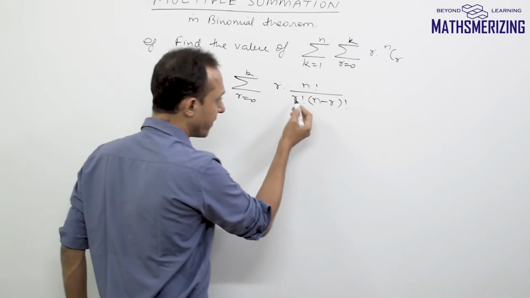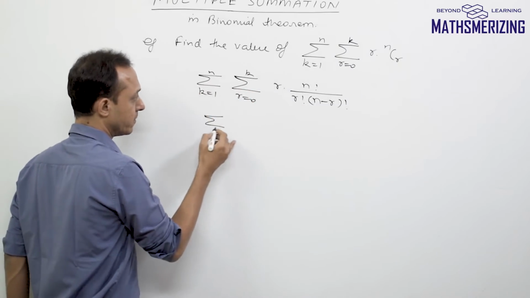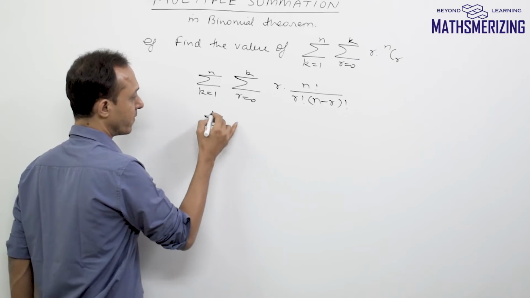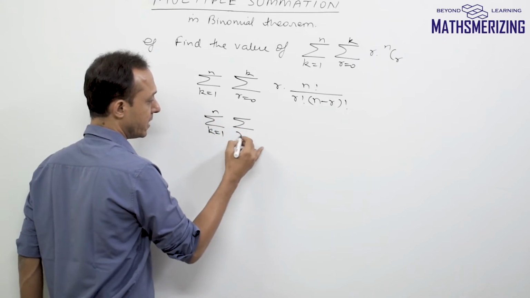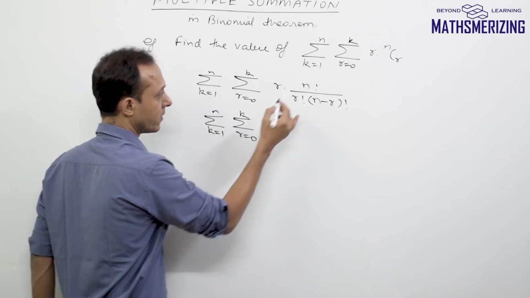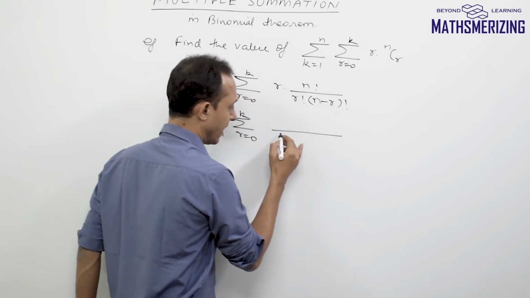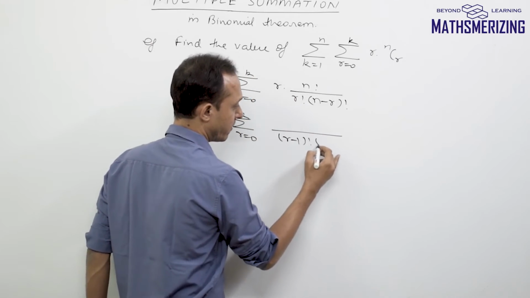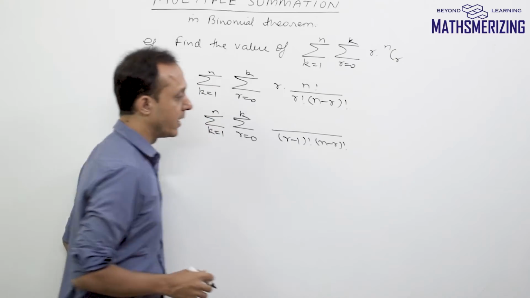Now I'll cancel this r with factorial r. I can write it as summation k varies from 1 to n, and then summation r varies from 0 to k. So if I cancel this r, I'll get factorial r minus 1 and factorial n minus r.